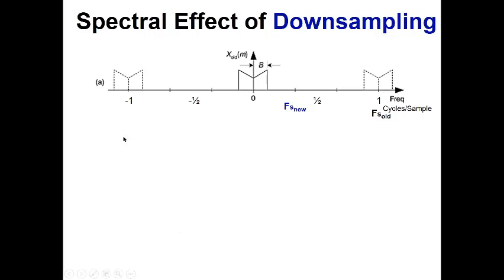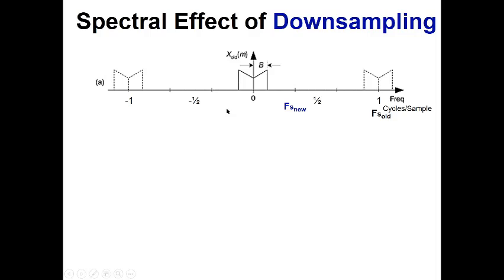So if this was our discrete time, our DTFT spectrum of that original signal at the original sampling rate, over here we have again our original signal. We have our spectral copy at 1. We have another one at 2. We have it at -1, -2, and so on.